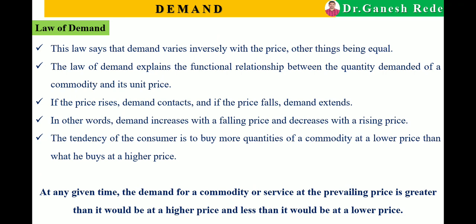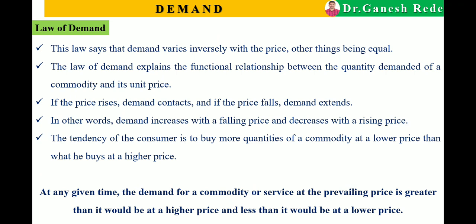If the price rises, demand contracts, or quantity demanded decreases, and on the other hand, if the price falls, demand extends, or quantity demanded for that particular commodity increases. It is vice versa. If price decreases, quantity demanded will increase. If price increases, quantity demanded will decrease.